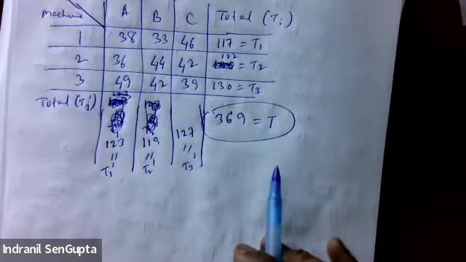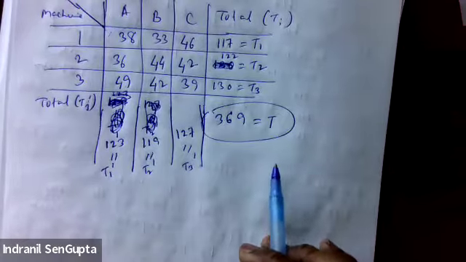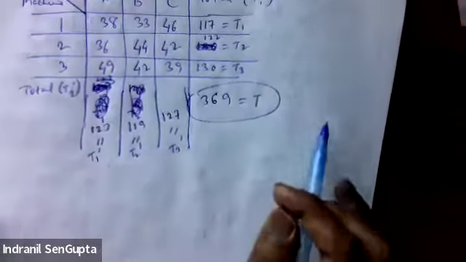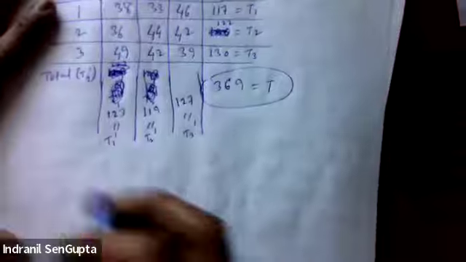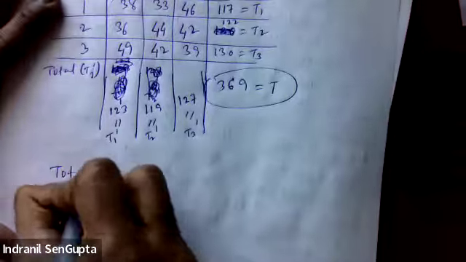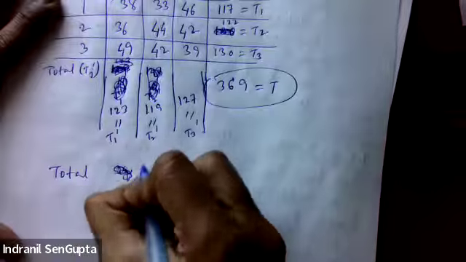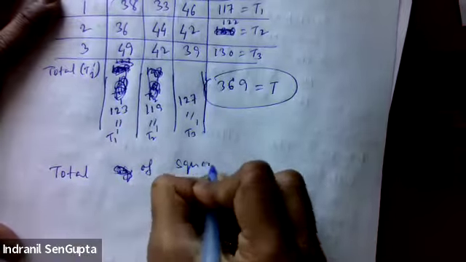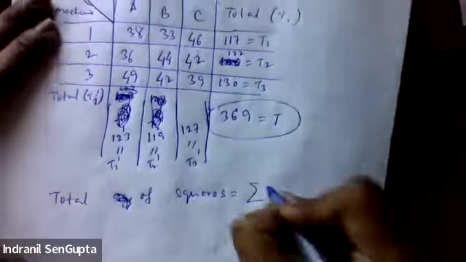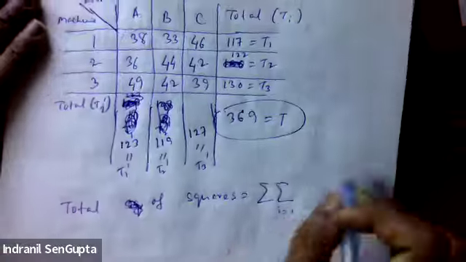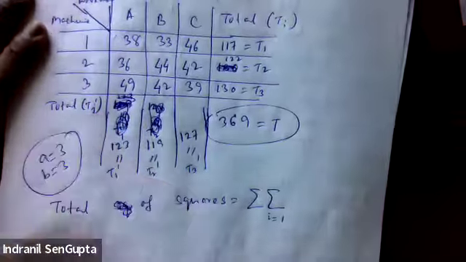Once again, you see that in the last example we had much smaller numbers, but here we are having pretty big numbers, right? So let's compute all those quantities, say the total sum of squares, whatever we call it, which is given by, I from 1 to, so here in this example, a equals 3, b equals 3, right?